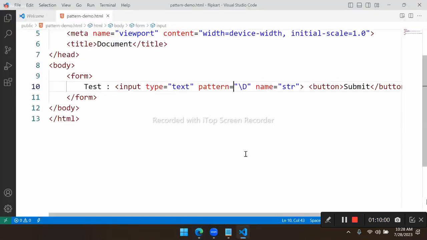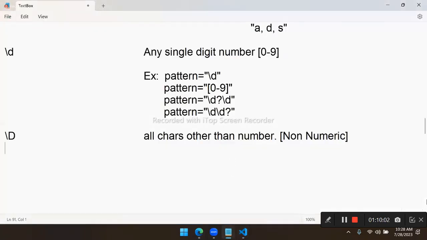Now, generally, we define the pattern like this. So we have a pattern slash uppercase D. That means it allows anything between uppercase alphabet, lowercase alphabet, and special characters.